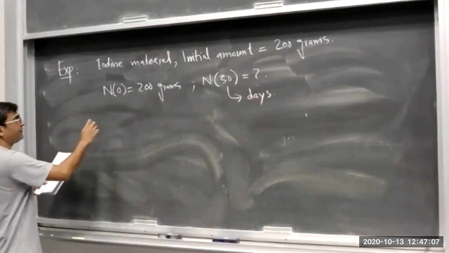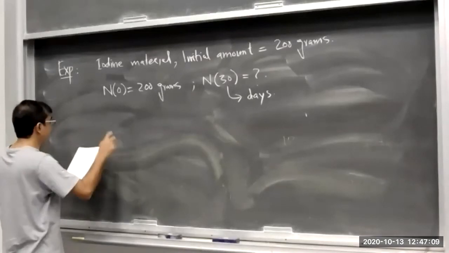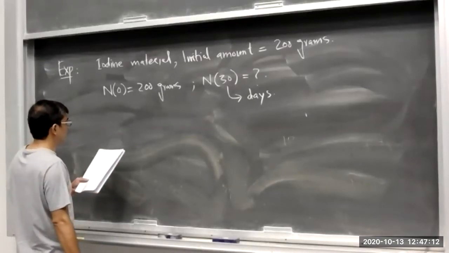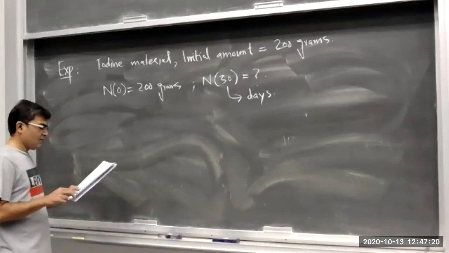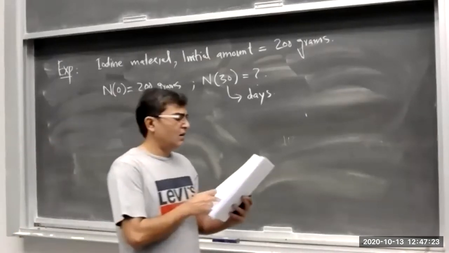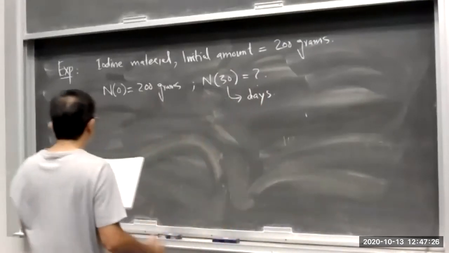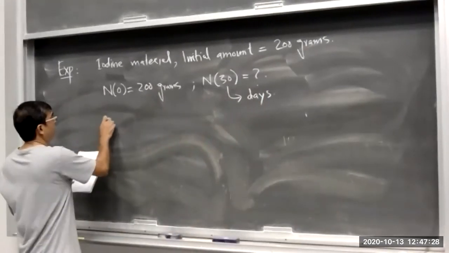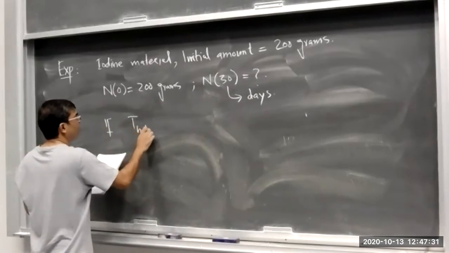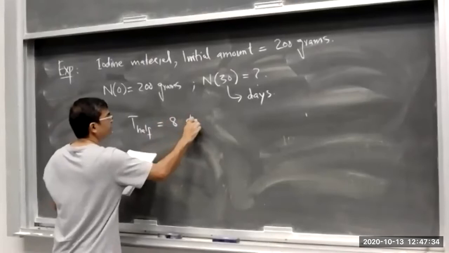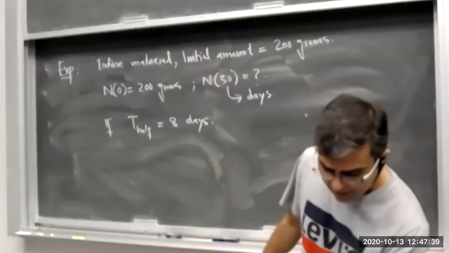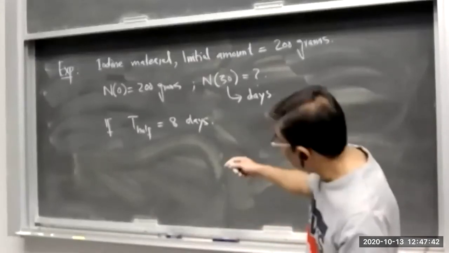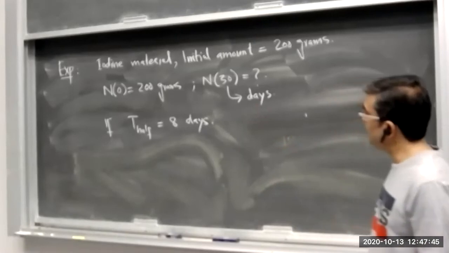If the half-life of the material is 8 days, that is, T half is 8 days, how can we compute the amount of that iodine material?